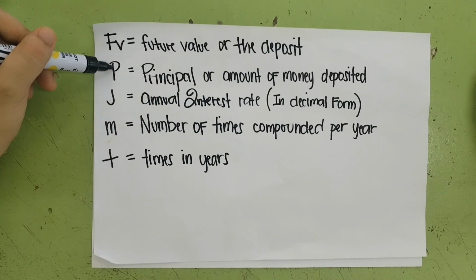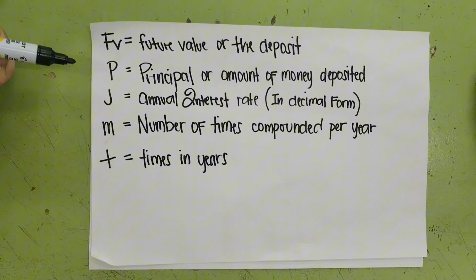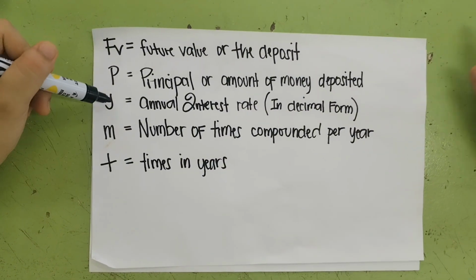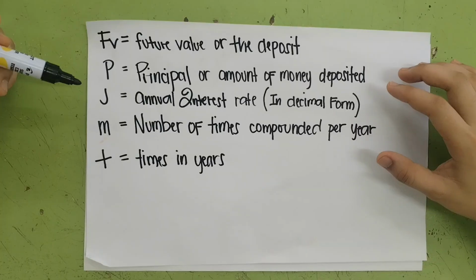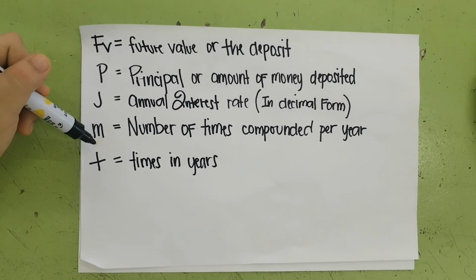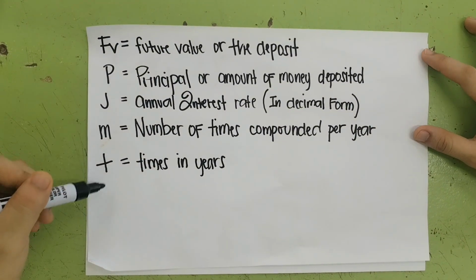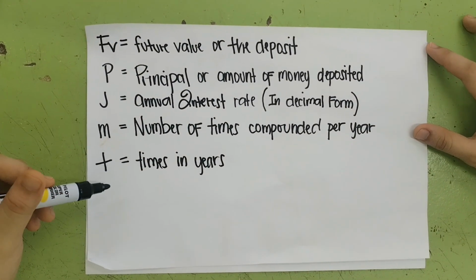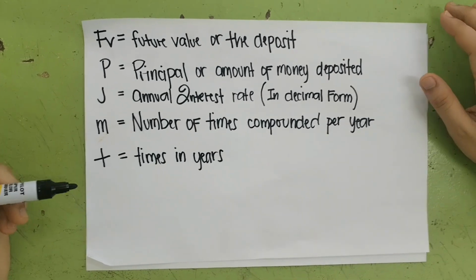And we also have the variable P for the principal or amount of money being deposited. Then we have J as the annual interest rate that should be in decimal form when we solve the problem. And the M for the number of times compounded per year. And T stands for time in years because in solving this problem, the time should be in years.